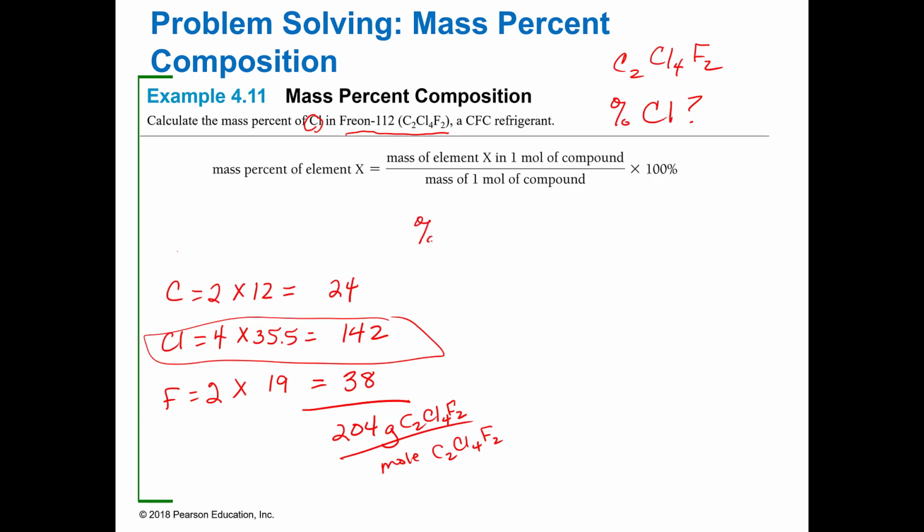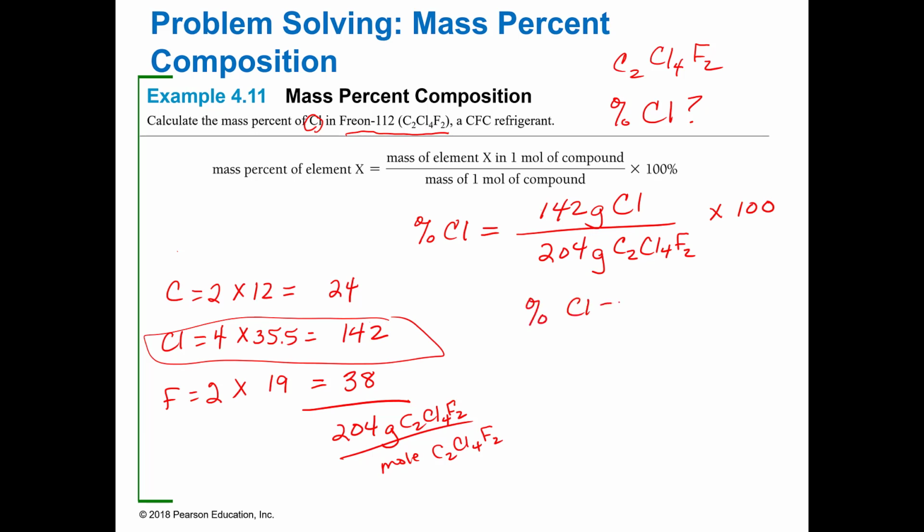So the percent chlorine is going to be equal to 142 grams of chlorine divided by 204 grams of the whole thing, times 100. And so the percent chlorine is going to be 69.6%.